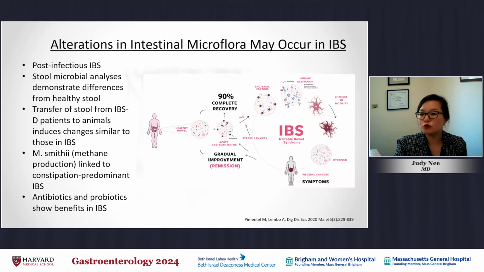If you transfer the stool from an IBS diarrhea patient and you put it in an animal model, this induces changes similar to those with IBS, abdominal pain, change to the bowels. Recently, M. smithii, or the methane producer from archaea, is actually linked to IBS constipation, which we'll talk about in other slides. And then we know that antibiotics and probiotics show benefit in IBS.